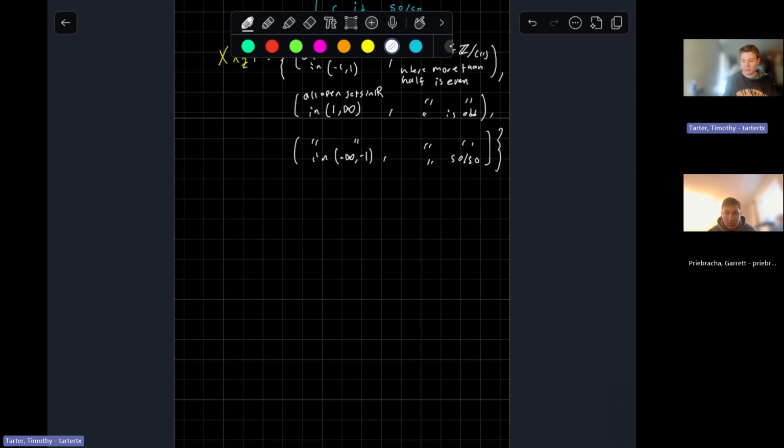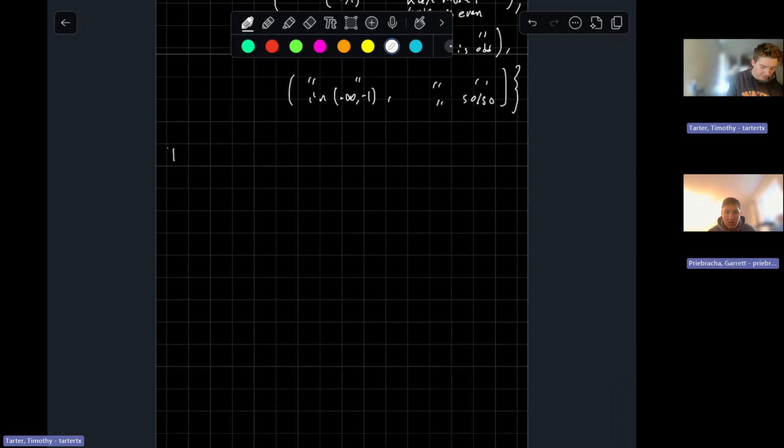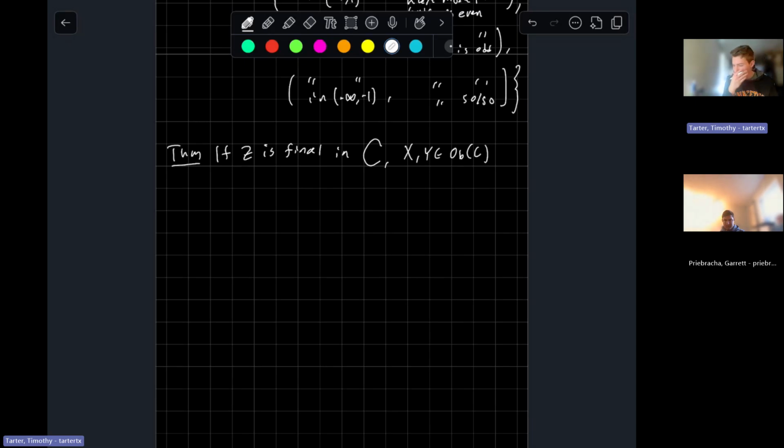So, theorem: if Z is final, and I can't really do a script C, so I'm just going to do a big C, and X and Y in ob C, show that the fibered product through Z of X and Y is the same thing as the product. Assume all relevant fibered products exist.